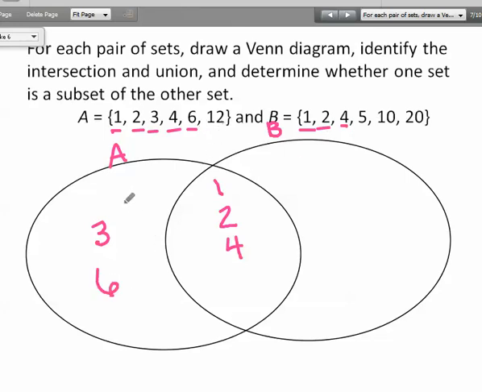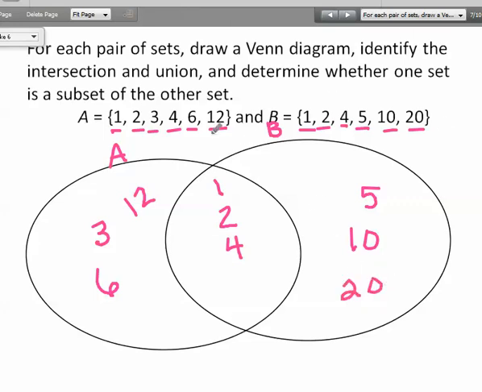And 12. 12 goes here. Okay, and then 5 is out here because it's only in B. 10 goes in B because it's only in B. And 20 goes only in B.